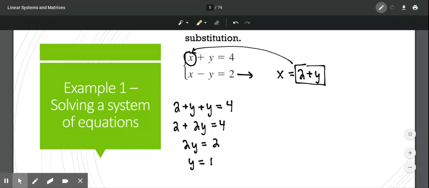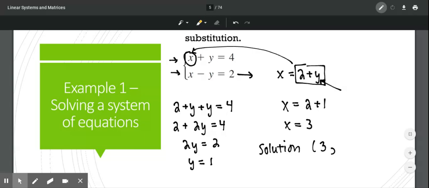And because we're finding a solution to a system, we have two lines right here, so what we're looking for is the point where they intersect. So we have the y coordinate where they intersect. And then what we're going to do is plug the 1 back in for our y and solve for our x. So x equals 2 plus 1, which means x equals 3. And so the solution to the system, or the point where these two lines would intersect, is the point (3, 1).